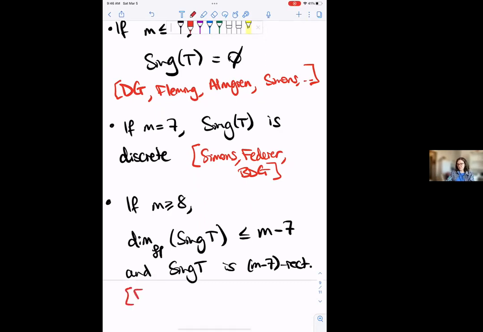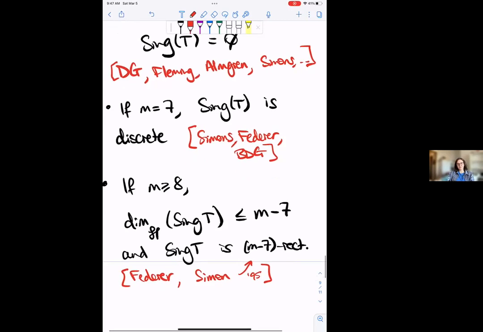This was due to Federer, and the M minus 7 rectifiability, I believe, was due to Simon in 95. Okay, so that's the picture in codimension 1. So Simons' cone is sharp. It's the example where you start seeing non-trivial singularities at dimension 7, and indeed, there you just have this one singularity. So yeah, it's consistent with this.